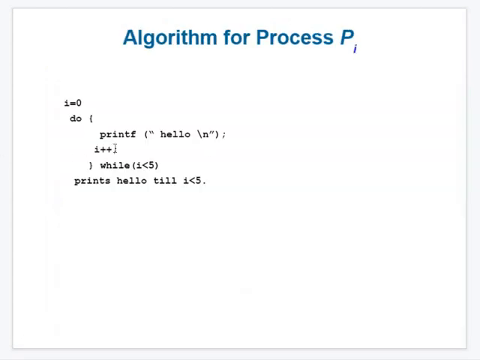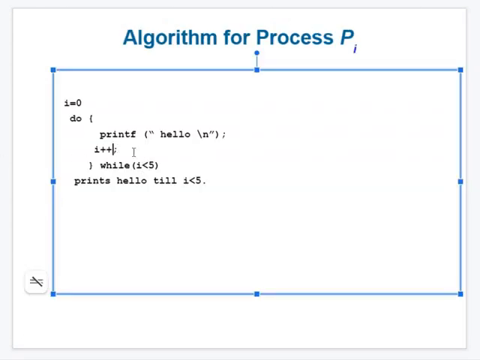Now you can see the value of i is 0, there is a program with a do section. It will print hello till i is less than 5. Here i less than 5 is a condition check.